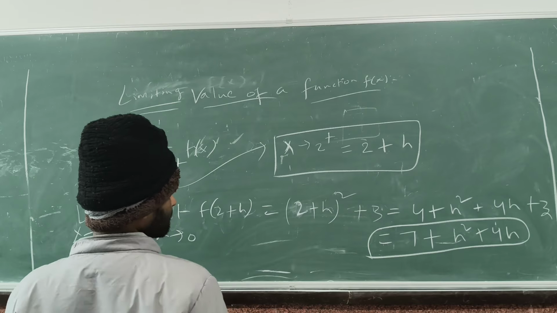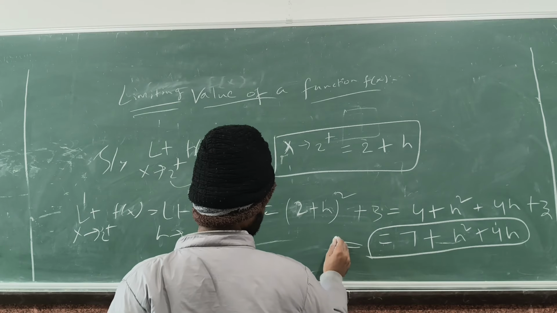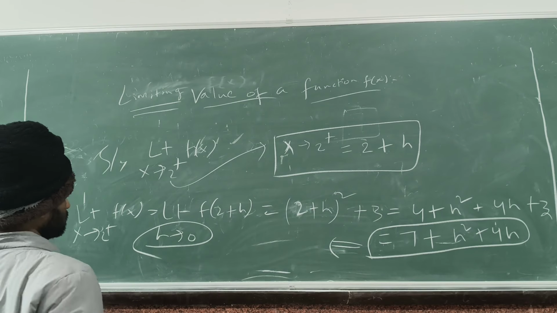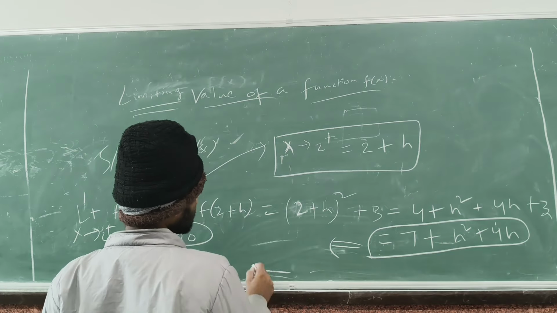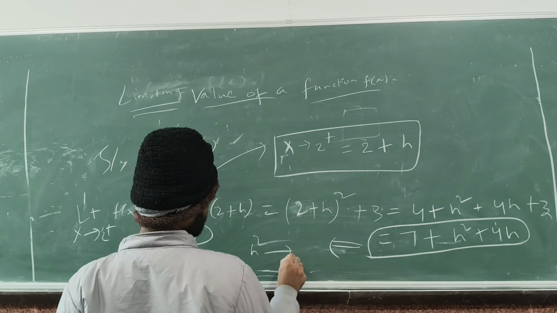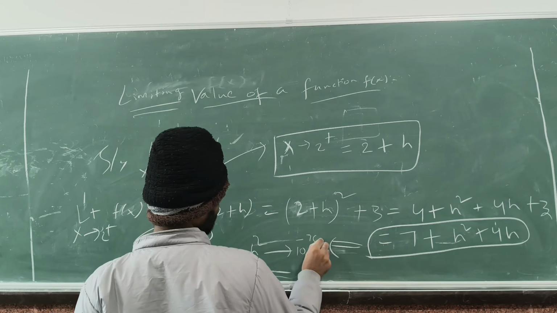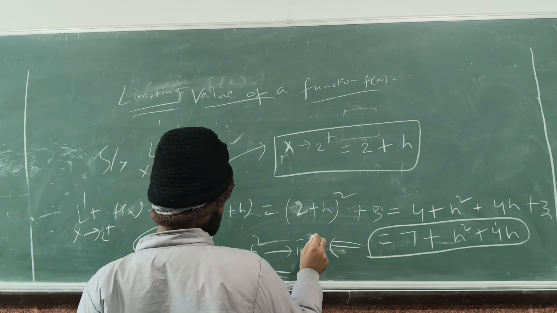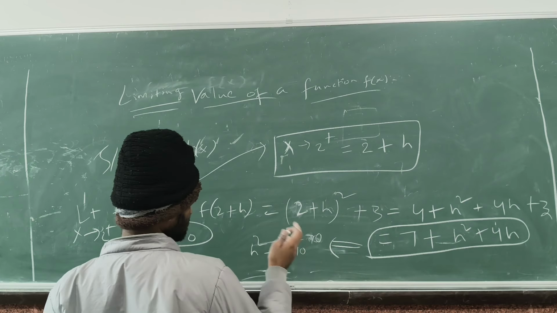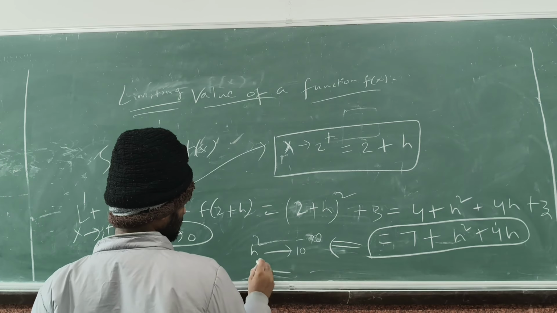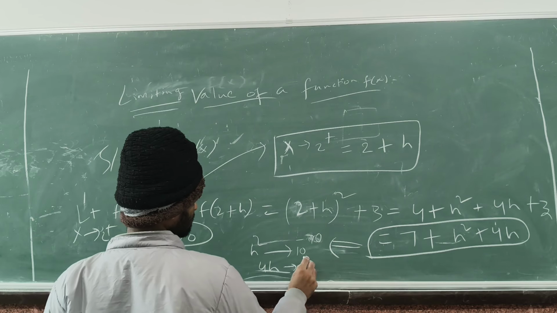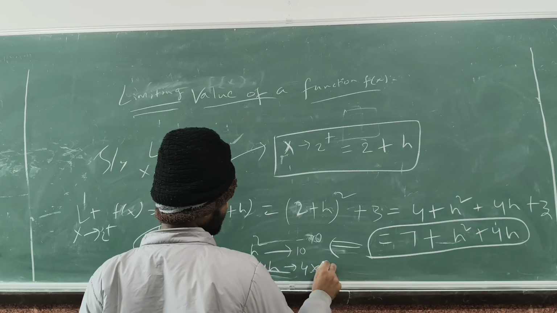Now since h is tending to 0, take for example h equals 10 power minus 35. Then h square tends to 10 power minus 70, and 4h tends to 4 into 10 power minus 35.